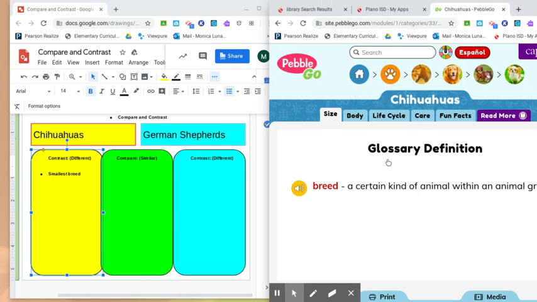Let's click here. Breed. A certain kind of animal within an animal group. Okay, so it's a certain kind of animal within that animal group. Okay, so a breed is Chihuahuas and another breed is German Shepherds. Okay, it's like the same kind. That's the breed.